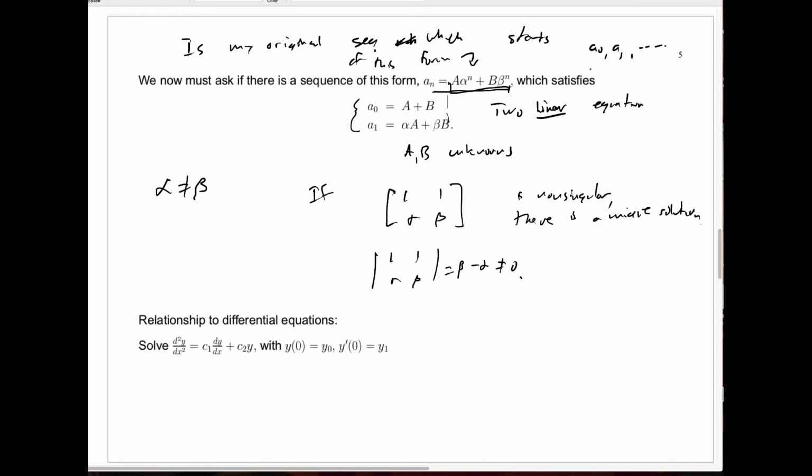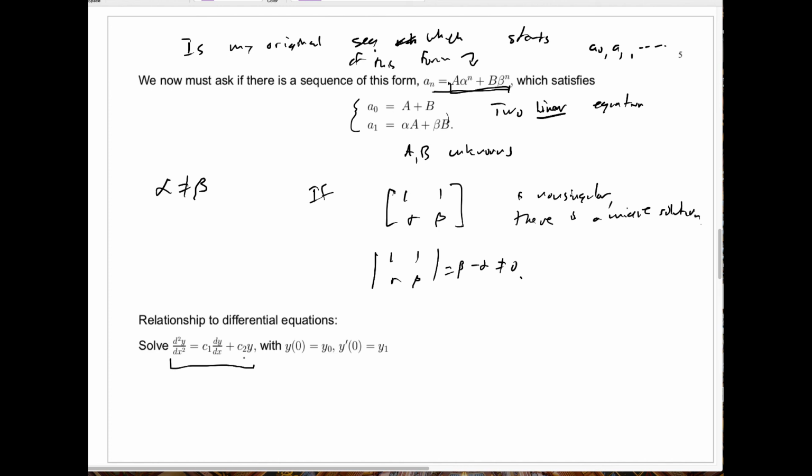And just as a quick aside, this is very similar to what you do in differential equations. Some of you, I hope, have taken Math 242, which is our differential equations class, and you'll learn that to solve this, a linear second order differential equation with constant coefficients.